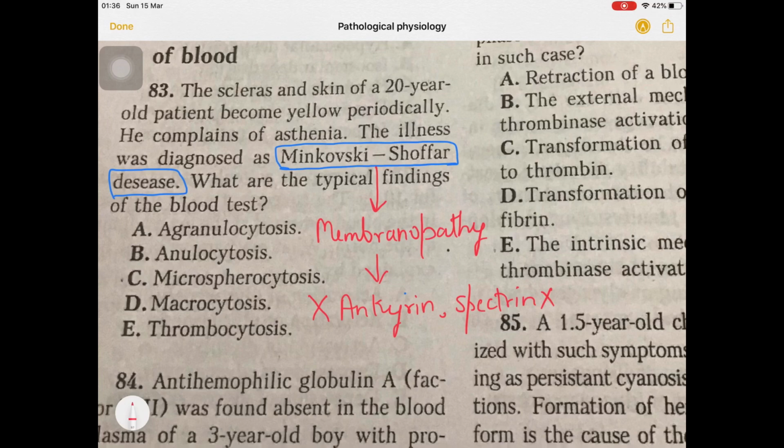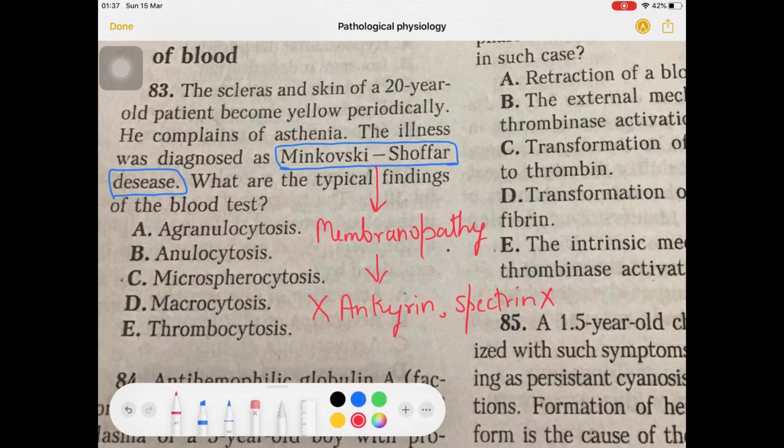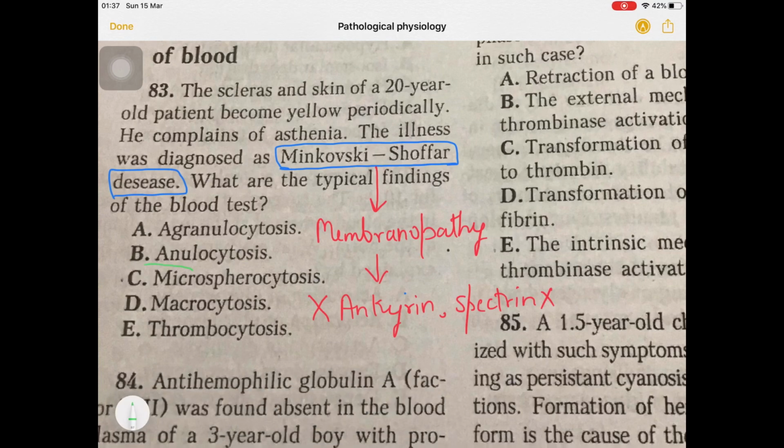There can be deformation of the shape of the RBC, and they can take the shape of a sphere, and we call that spherocytosis, right? So the answer over here can be microspherocytosis. So that is the case as far as 83 is concerned.